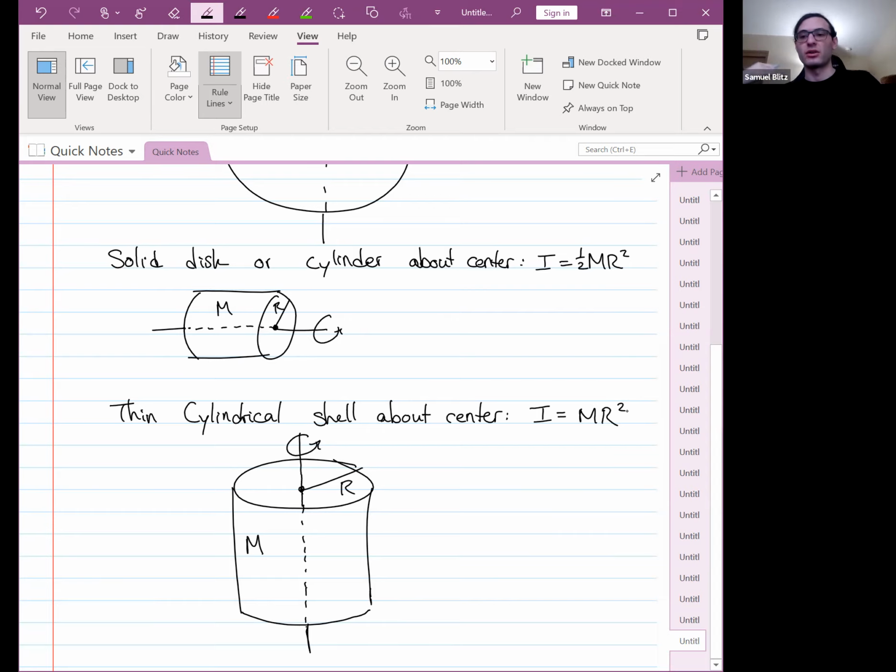The LibreText gives you the formula if you have a shell of some thickness, but I'm not going to worry about that too much right now. There's a whole lot more. It's not so hard to derive them, but it does take a little more calculus than you might have. So go take a look, and I also gave you some examples to work through to practice these things.